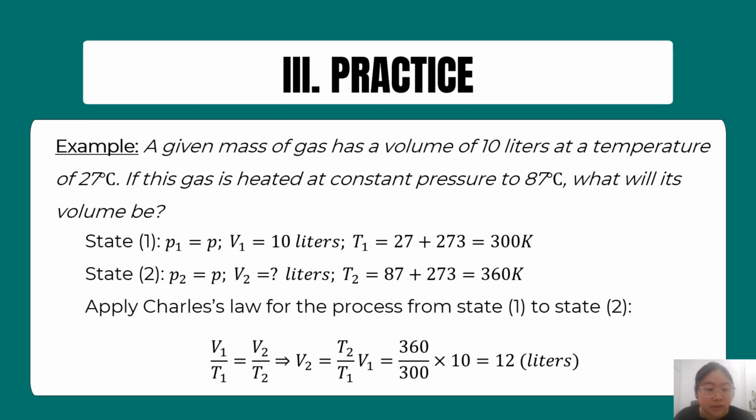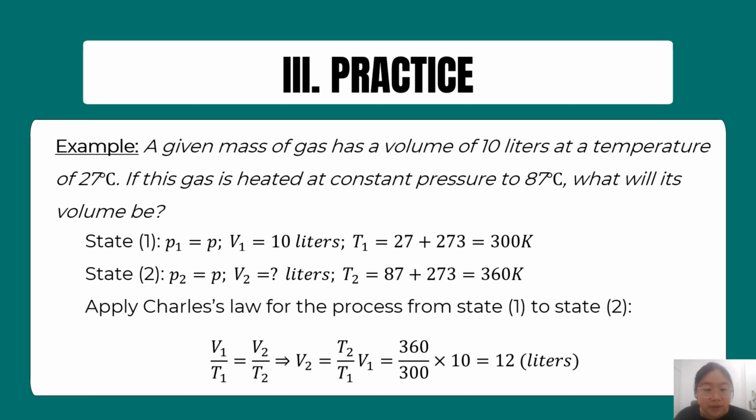So then we will list the P1, V1, T1, P2, V2, T2 of the state of this gas. Then we will apply Charles's law for the process from state 1 to state 2.